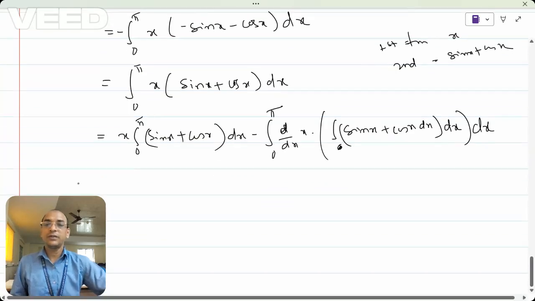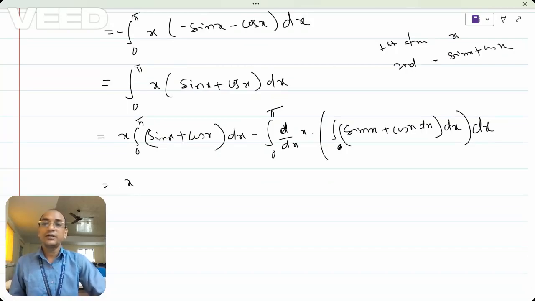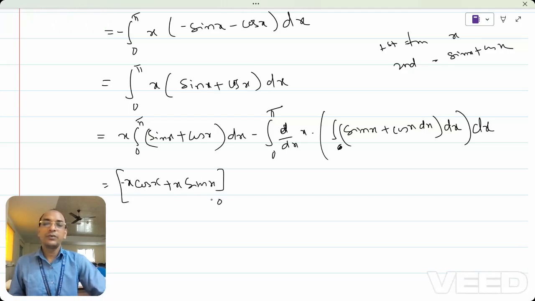So what I will get here: x into the integration of sine, which is minus cos x, and the integration of cos is sin x, so x times minus cos x plus sin x, and the limits are 0 to pi, minus the derivative of x, which is 1, so the remaining thing is from 0 to pi, and the integration of sine is minus cos x, the integration of cos is plus sin x.